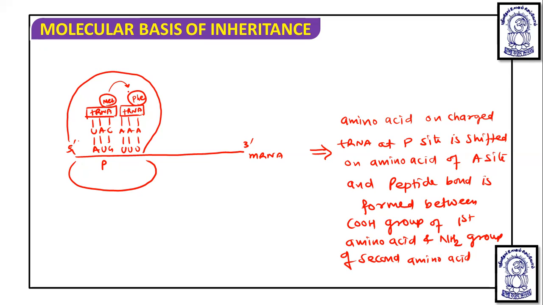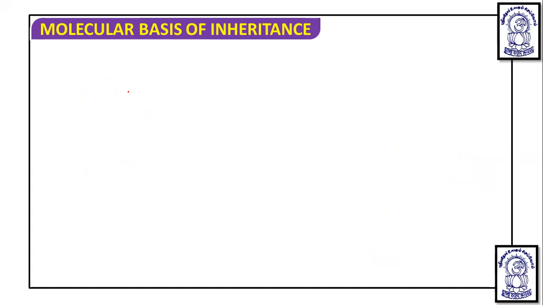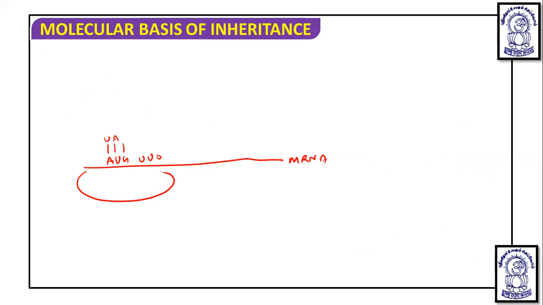Okay. So now the next diagram is going to look like this, with methionine and phenylalanine attached like this.